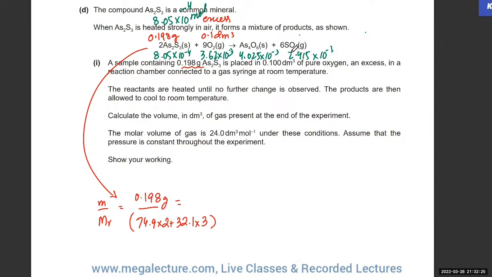So we've gotten all these values. Now, he's saying calculate the volume in dm cube of gas present. So first thing, this is the gas that we are getting. That's my product. So first, I'm going to figure out the volume of SO2. He's already given me that the molar gas volume is 24 dm cube under these conditions. So we're going to just multiply it by 24.